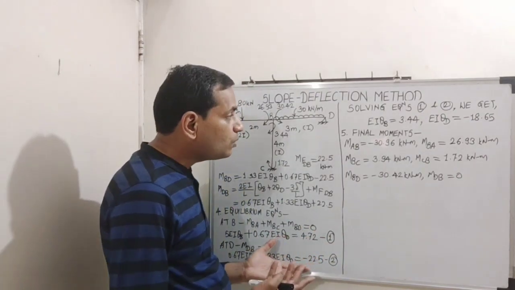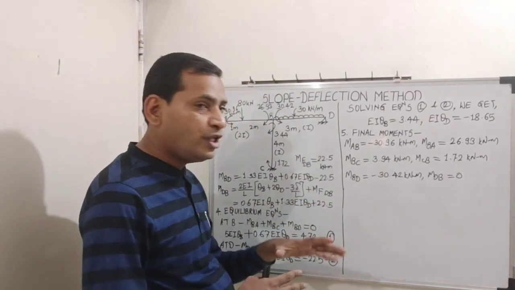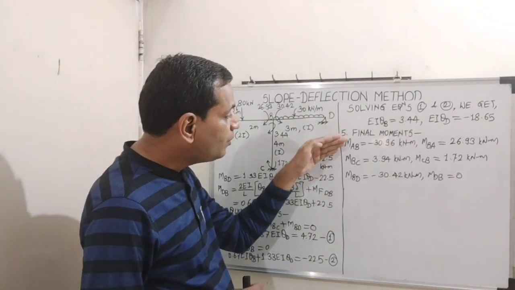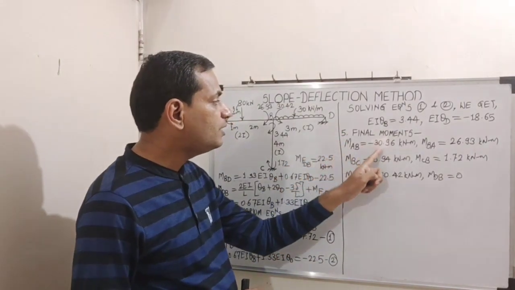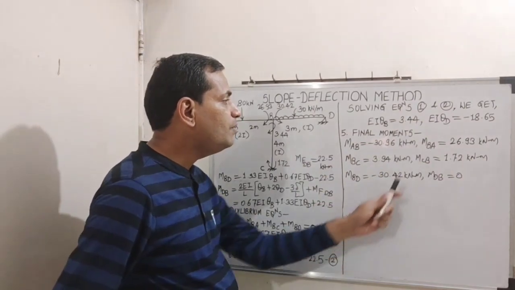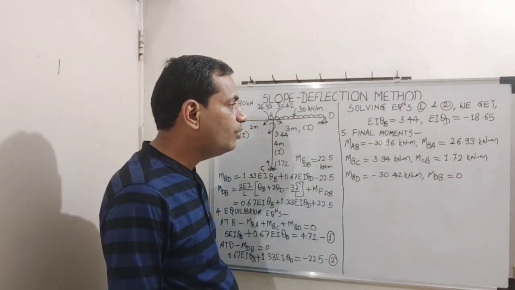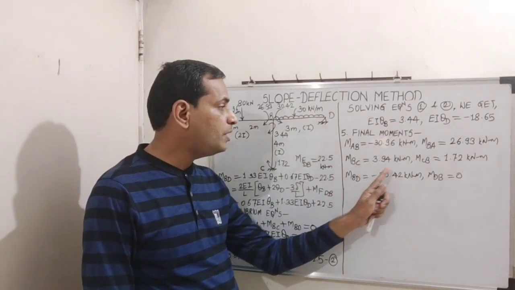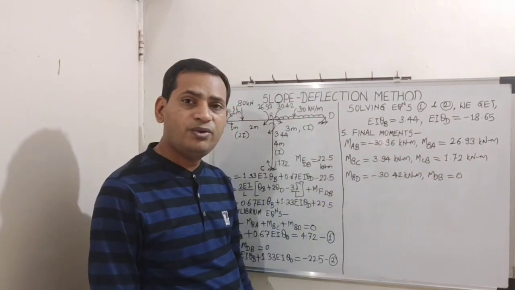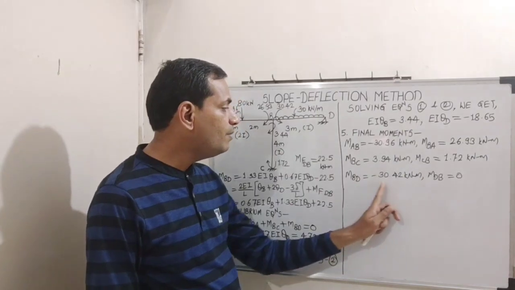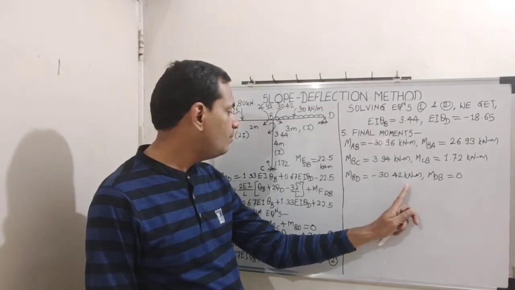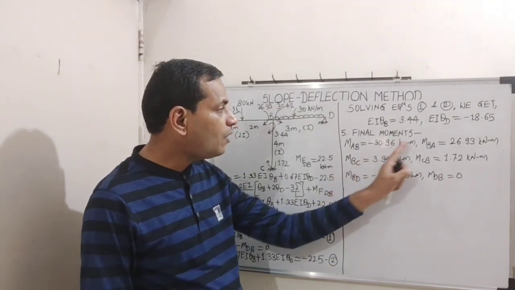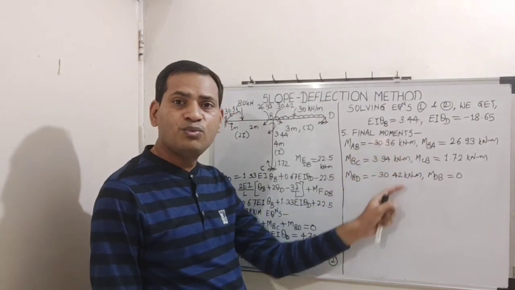After substituting, we got these values of moments: MAB minus 30.96, MBA 26.93 kilonewton meter, MBC 3.94 kilonewton meter, MCB 1.72 kilonewton meter, MBD minus 30.40 kilonewton meter, and MDB 0.